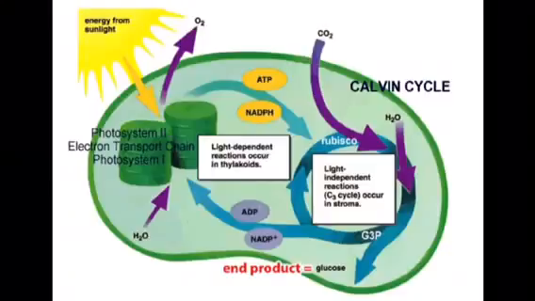In this phase, water and light energy are used, while oxygen, ATP, and NADPH are produced. In the second phase, or the second part of photosynthesis, which is the light independent, sometimes called the Calvin cycle, it occurs in the stroma and uses ATP and NADPH to incorporate carbon dioxide into organic molecules.